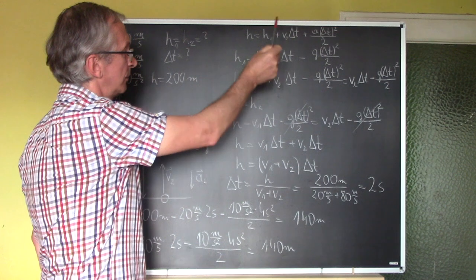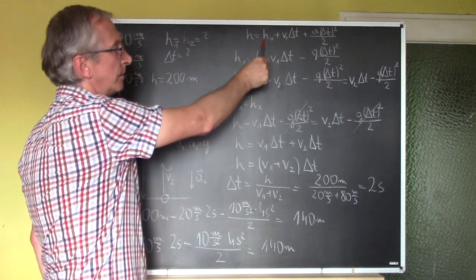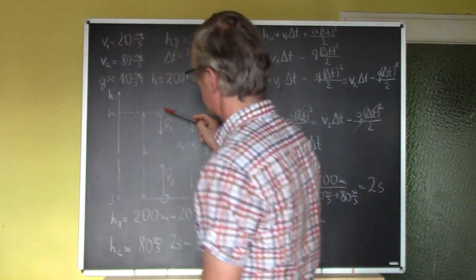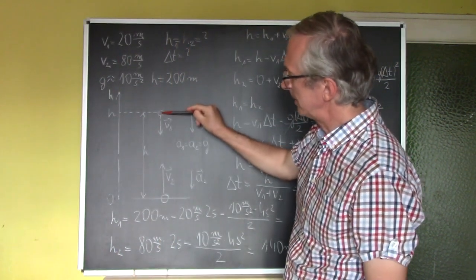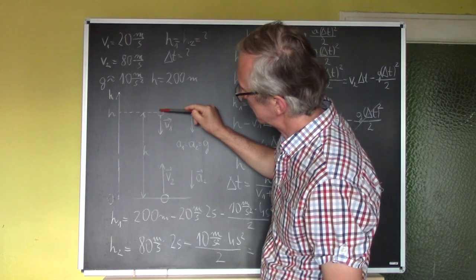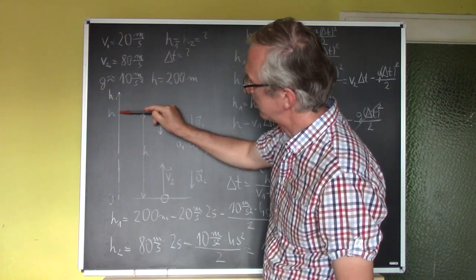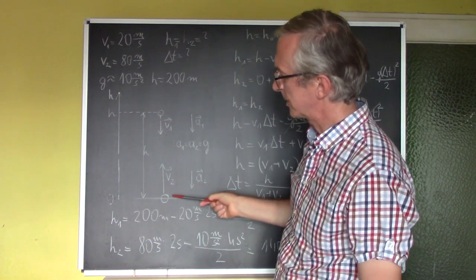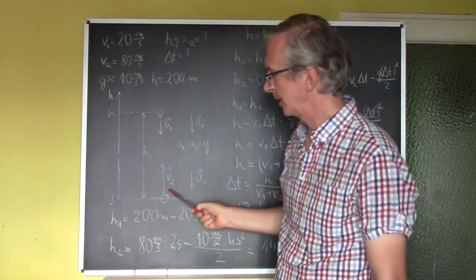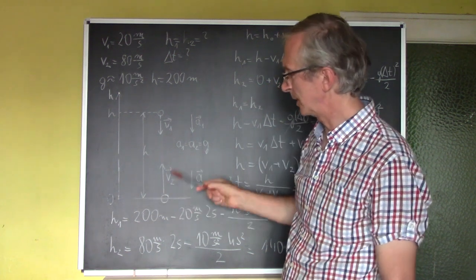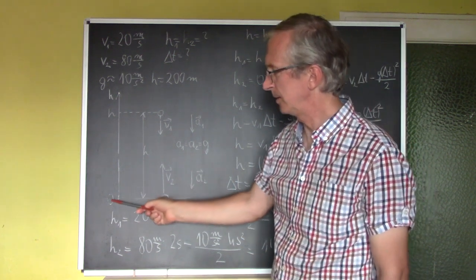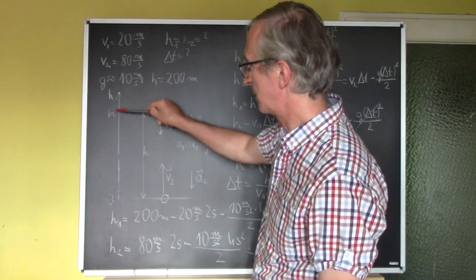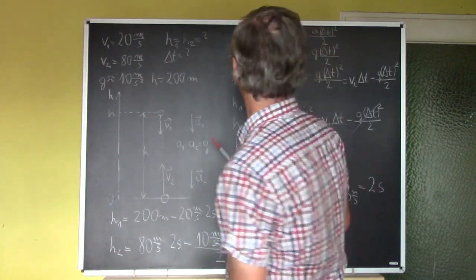h1 equals the initial coordinate of position of the first body. Here is the first body, and its initial coordinate of position is equal to h. It's h because we chose the initial coordinate of position of the second body to be 0, so 0 plus h equals h.